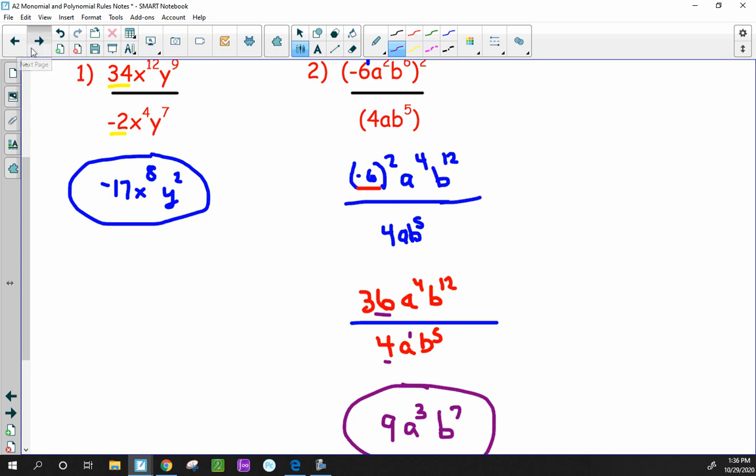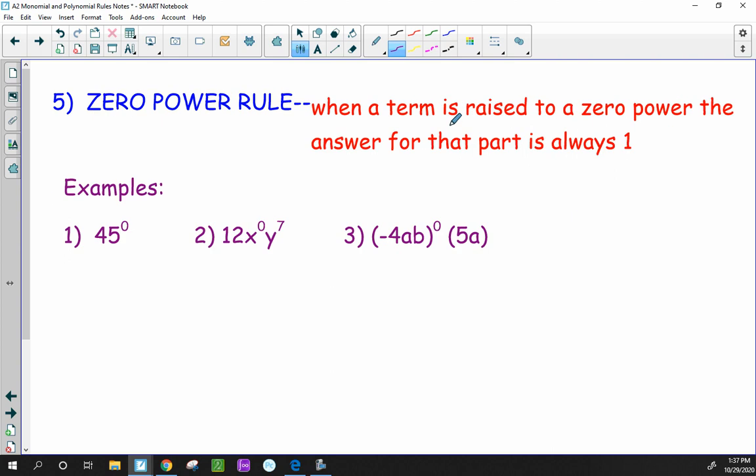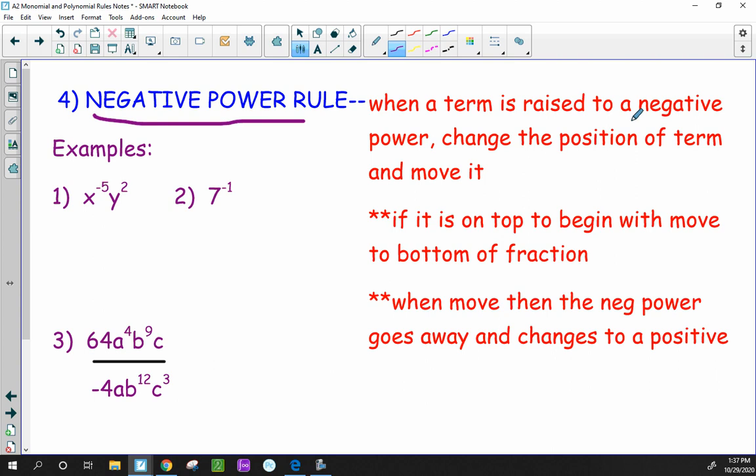Alright, next, negative power rule. The negative power rule, if I have an exponent that has a negative on it, then we cannot leave that in our final answer. Cannot. And so your job is to take the term that's raised to a negative power. When a term is raised to a negative power, you are to change the position of the term.